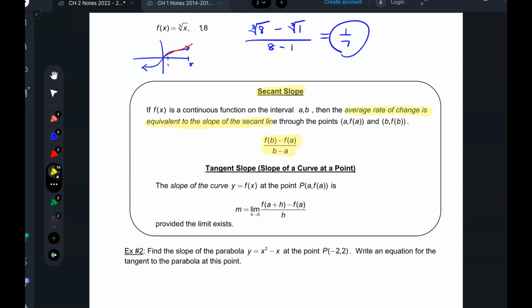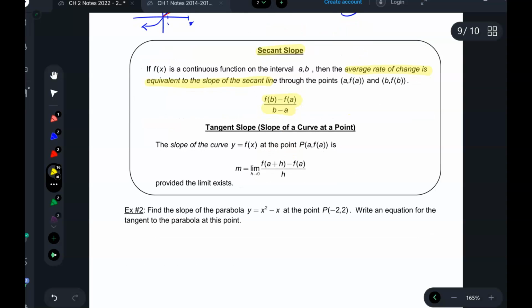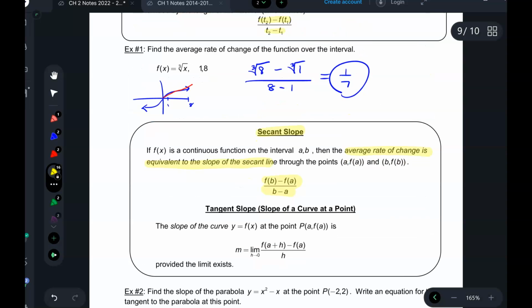If you remember back to geometry and circles, we did secants that go through the circle, and tangents just touch the circle at one point. That's the difference. Imagine, here we have 1 and 8. What if we were able to slide 8 closer and closer to 1?